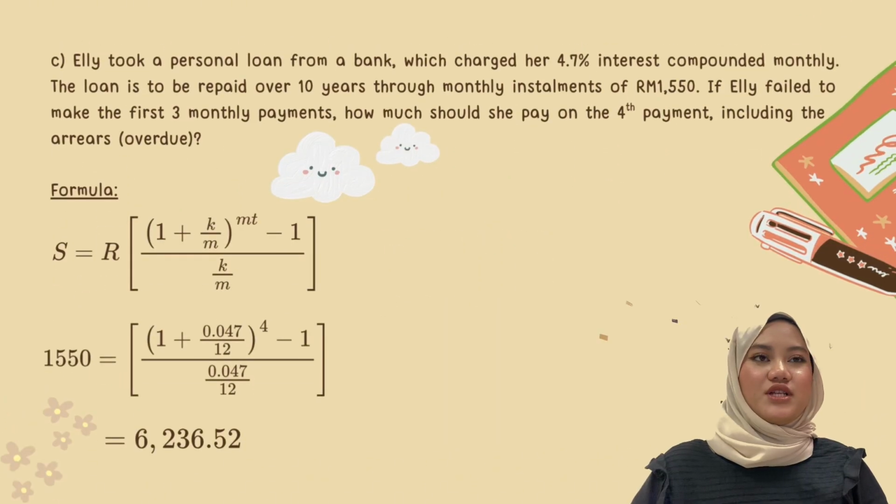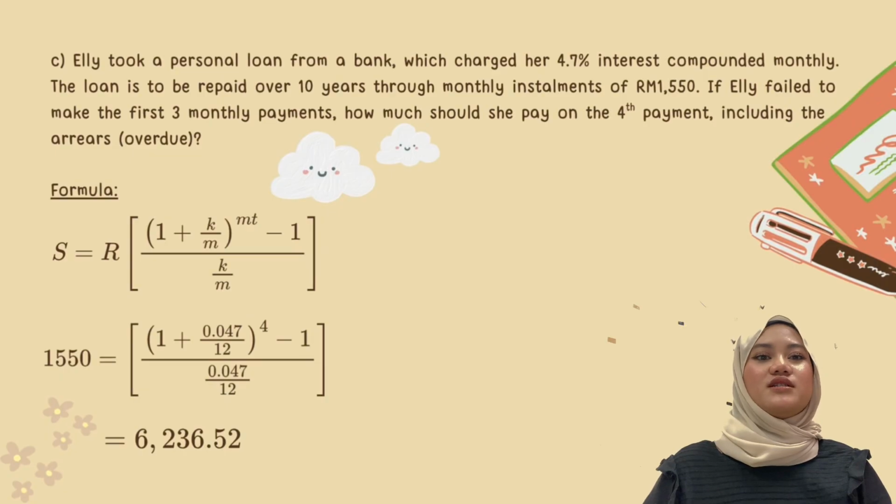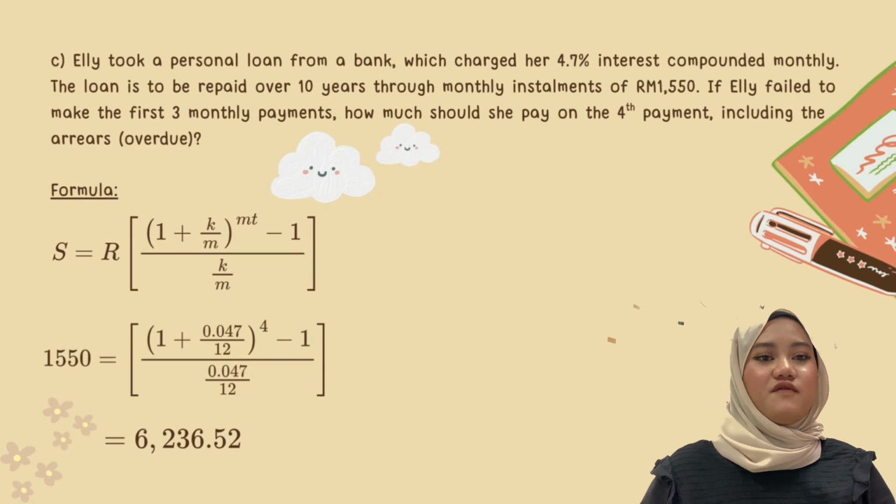So now, we need to determine the total amount Ellie owes on her fourth payment. We use the future value of annuity formula, which is S equals R open bracket 1 plus K over M close bracket power of MT minus 1 over K over M, where S is the future value and R is the monthly installment, which is 1,550, and K is the annual interest rate 4.7% or 0.047.